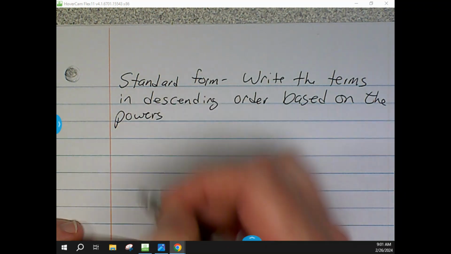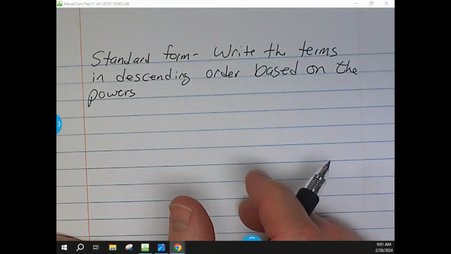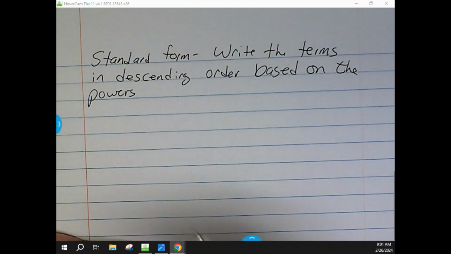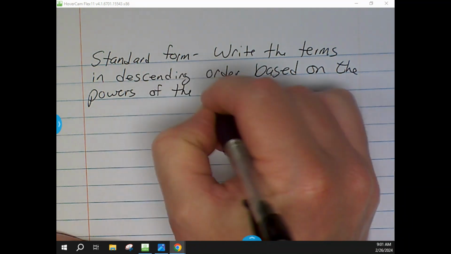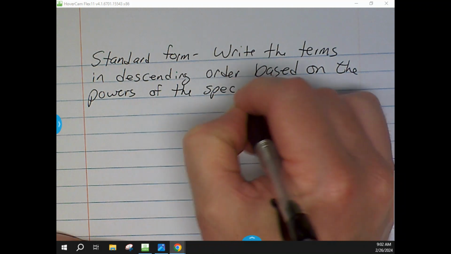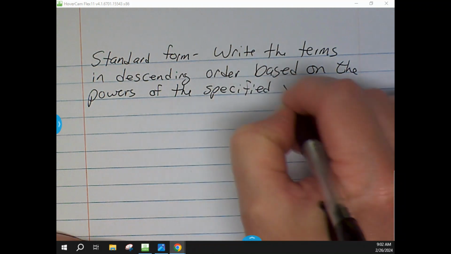Most of our cases, we're going to be talking about x. Occasionally, if they happen to throw a different variable, you would go on that one. So just write the terms in descending order based on the powers of the specified variable.